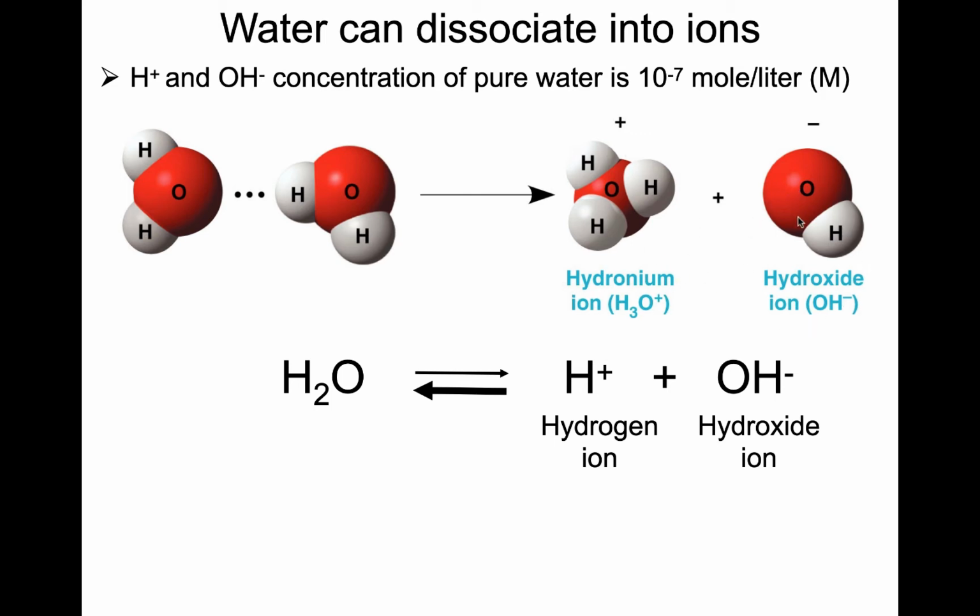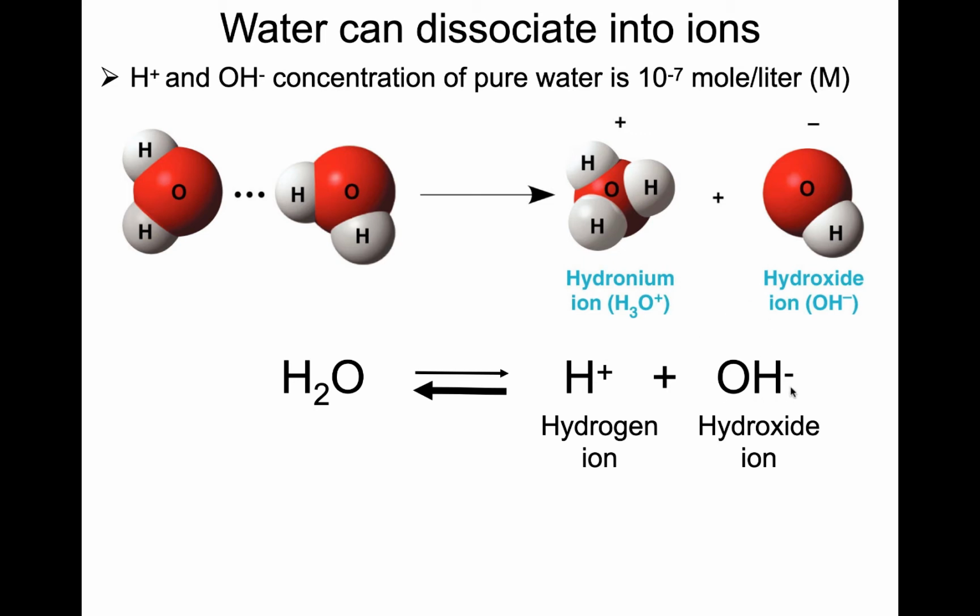Now, most of the time, we don't really talk about hydronium ions like this. We sort of look at it like this, a hydrogen ion. So sometimes I will call this a hydrogen ion. Sometimes, and probably most of the time, I will call this a proton, because that's pretty much what this represents, just the proton and the neutron of the hydrogen atom.